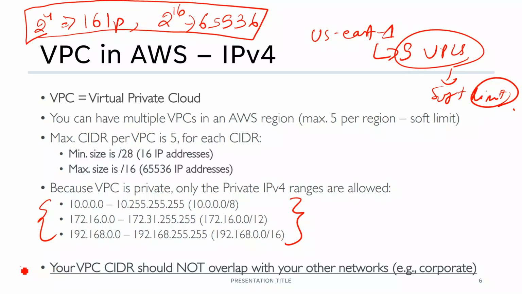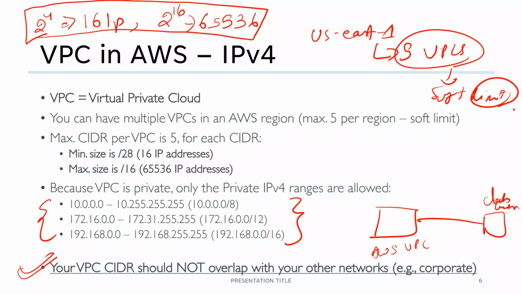Another very important thing, I've already noted this before: your VPC CIDR should not overlap with your other networks, right? Even if there is a corporate network, that is your own data center, and it has a connection to your AWS VPC, and there are other features for how you can have a connection between your data center and your cloud.